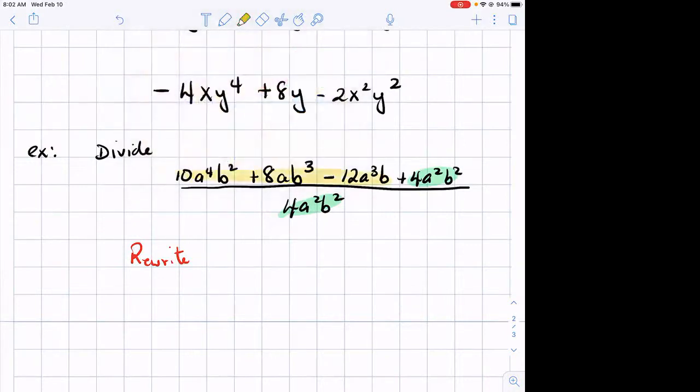And that's incorrect. So by writing it out, by rewriting it, you don't do that. So let's rewrite this.